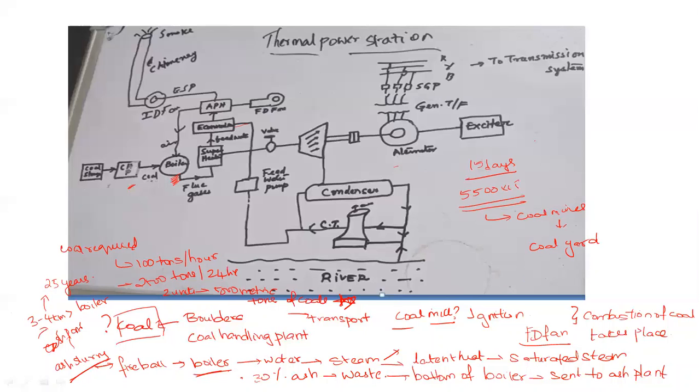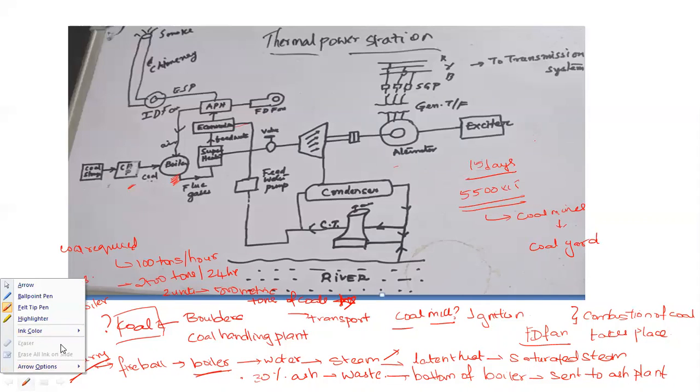In the boiler, combustion takes place, and when the steam is formed, it is transported to the steam lines, where the main steam lines go to the turbine through a valve. The main steam is of the quality 540 degrees centigrade and 145 kg per centimeter square pressure.